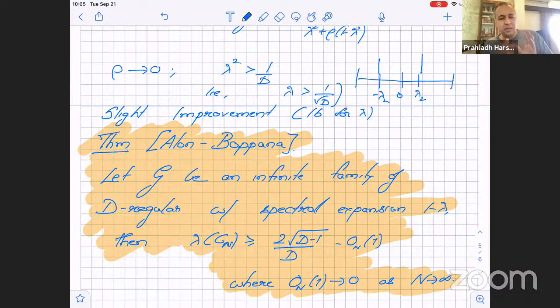By the way, if you didn't want an infinite family, if you want a specific graph, there's an obvious counterexample to this. Can you see it? I want a particular D-regular graph. What's the smallest lambda you can construct? Let's take the complete graph on D plus 1 vertices.